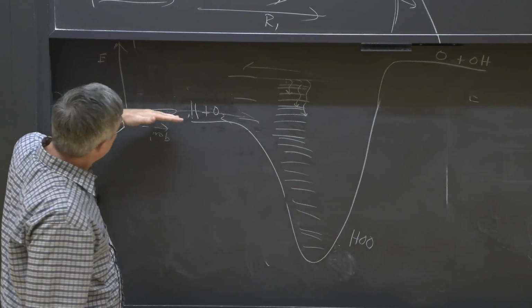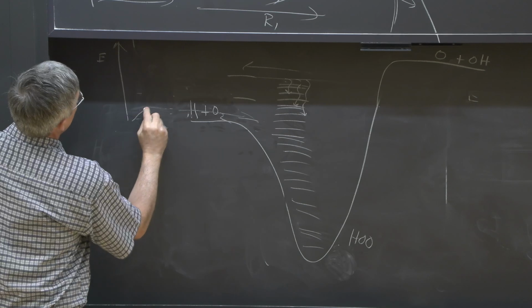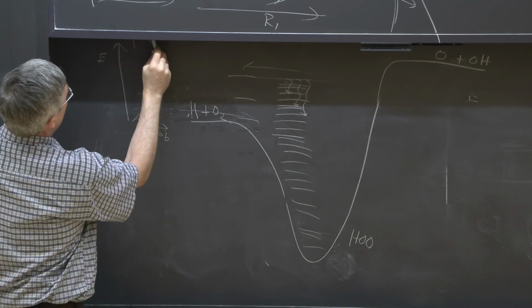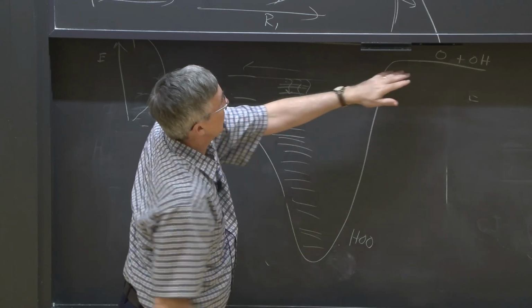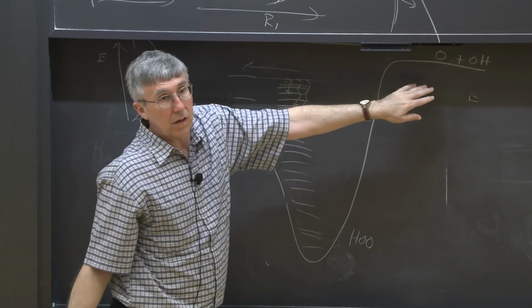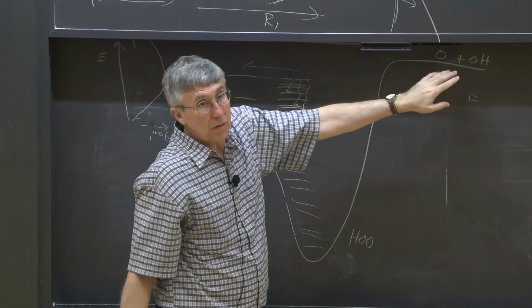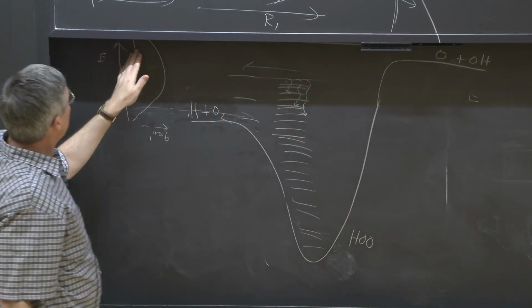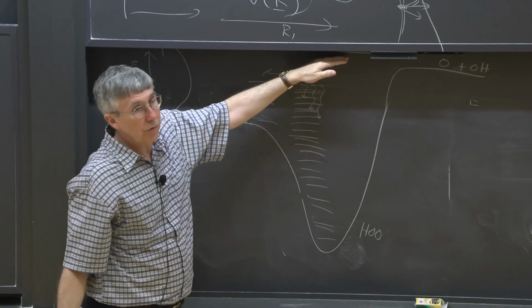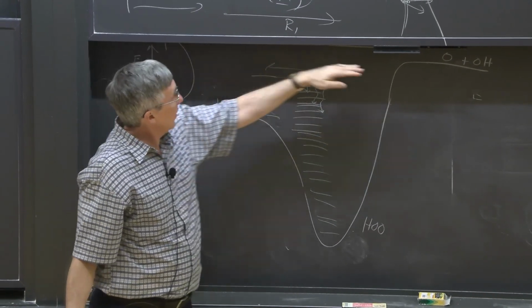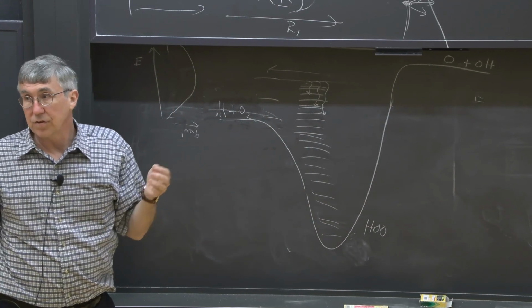So when the H plus O2 comes in at very high temperatures, so the Boltzmann distribution had a lot of guys up here, these guys are actually above the dissociation limit to the second thing, OH plus O, and this is the one that's going to make chain branching. So at very high temperatures, and particularly also at low pressure, so none of these guys collide along the way, they'll just go sailing right in and sail right back out as OH plus O. And that's the most important reaction in combustion.